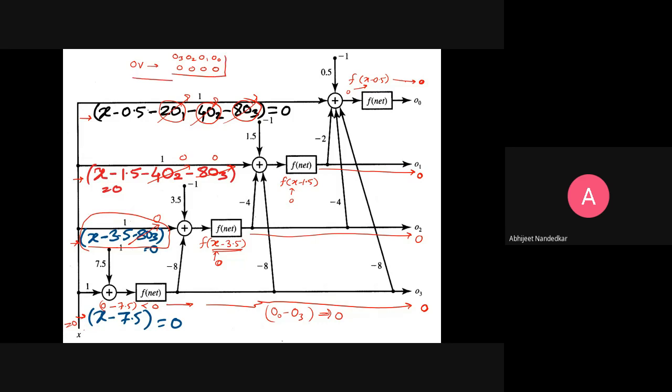Now the question is up to what level this code is maintained. Now you can see what happens if my input is suppose 1.55 volts. For this 1.55, let us check what happens.